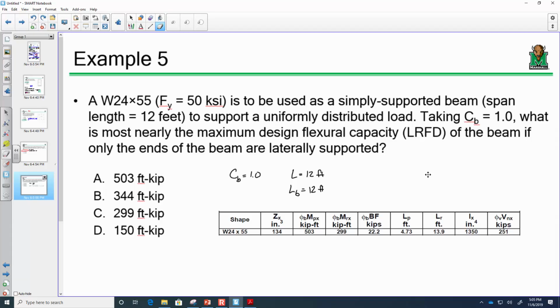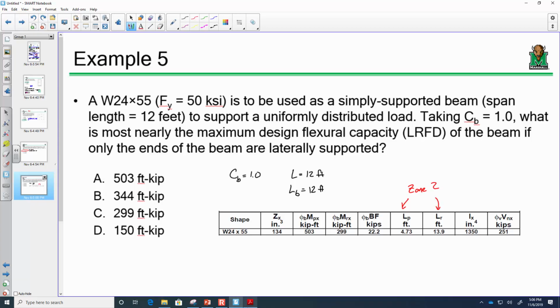And if we're outside that, we're in that elastic buckling zone where the equation gets really funky. So we're definitely looking at zone 2, because Lb is 12 feet and it's definitely between Lp and Lr. So based on this and this, we are in zone 2.